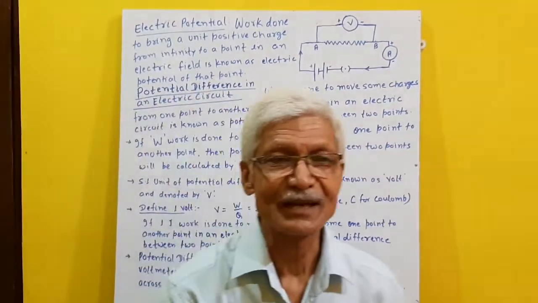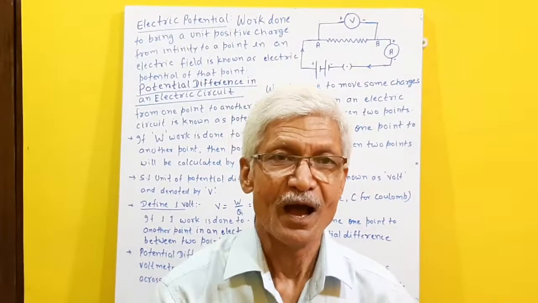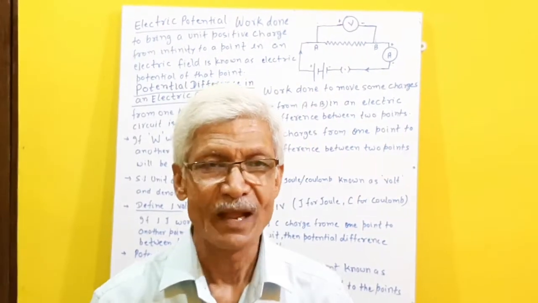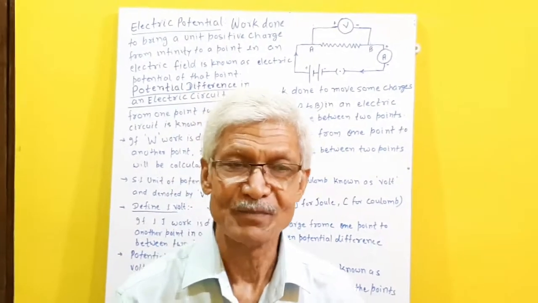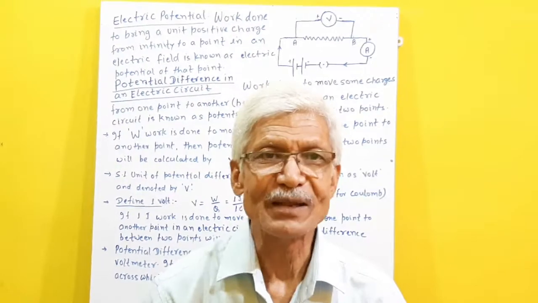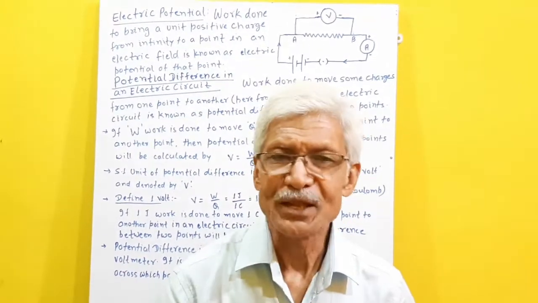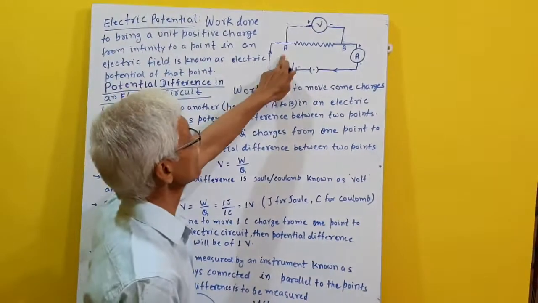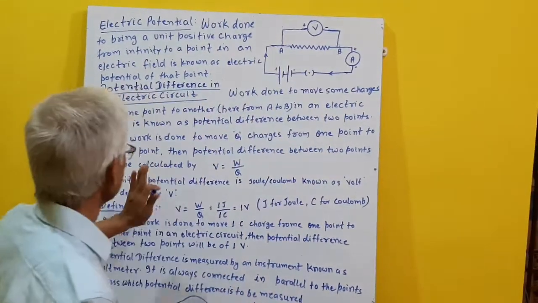In an electric circuit, some charges are brought from one point to another point, and what will be the work done in order to bring from one point to another point? That will be equal to the potential difference between the 2 points, between here or between A and B. Clear?